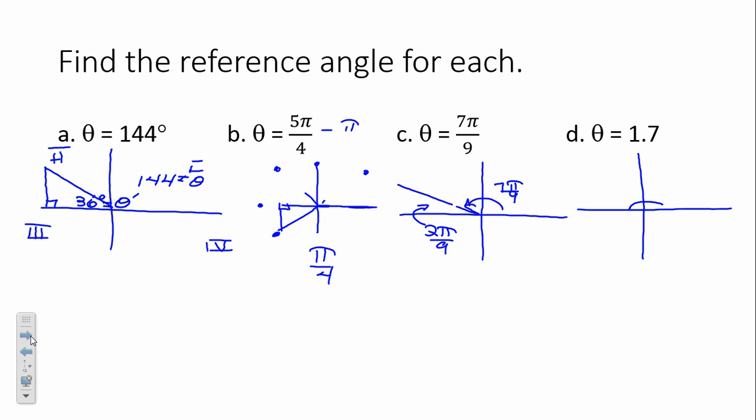So 1.7 is going to be a little bit more than half of 3.14, which is 1.57, right? So more than that, it's going to be somewhere over here. So you would take 3.14 minus the 1.7 and get whatever is left.